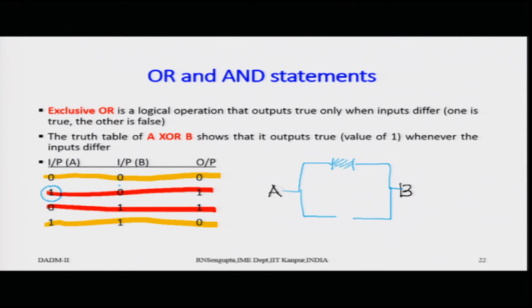Consider the second one is 0, which means there is no connection. Still, current flows from A to B, hence the output is 1. So, this takes care of this one point on the diagram.